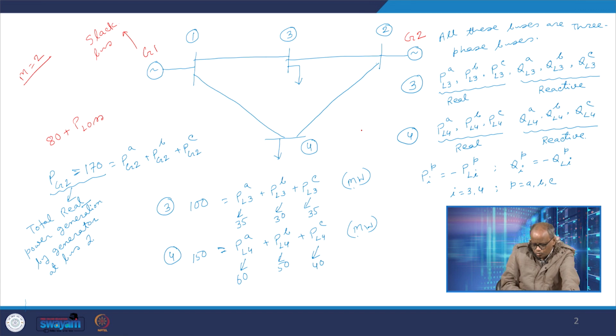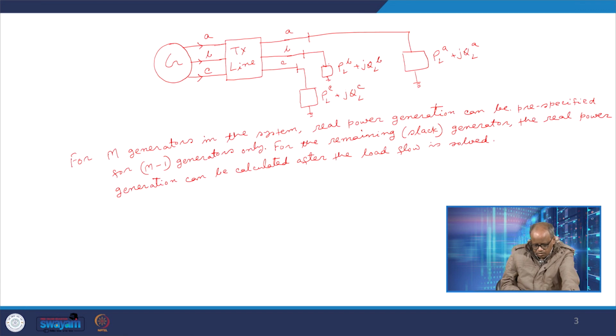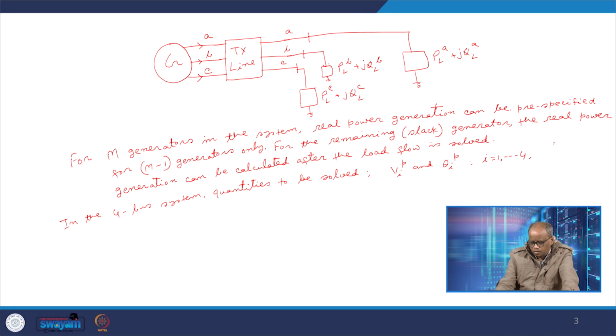In this 4 bus system, the quantities to be solved are V_IP and theta_IP, where I is equal to 1, 2, 4 and P is equal to A, B, C.